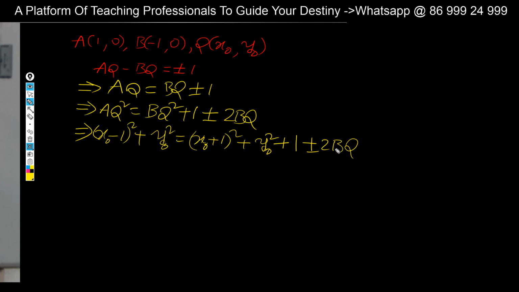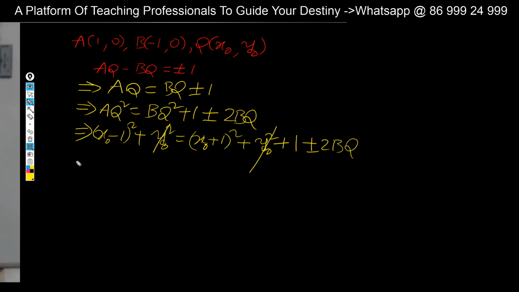I'm keeping BQ as it is because it consists of a square root; it will become messy if you write the square root. Further, we will be substituting after simplification. Now this gets cancelled on both sides.